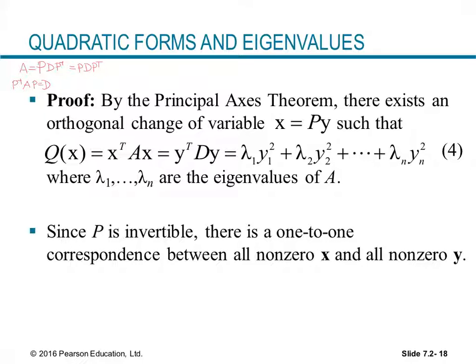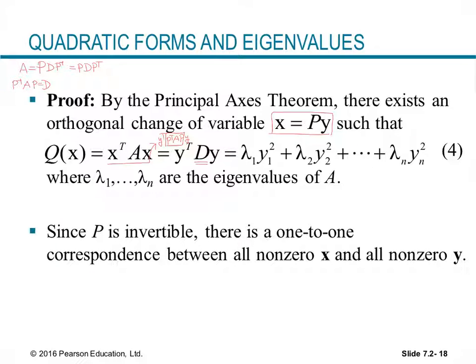Okay? Now, if we think of the change of variable from x to y, and I replace x with P times y, then this will be y transpose P transpose A P y, and the product in between, P transpose AP, is just the D matrix.